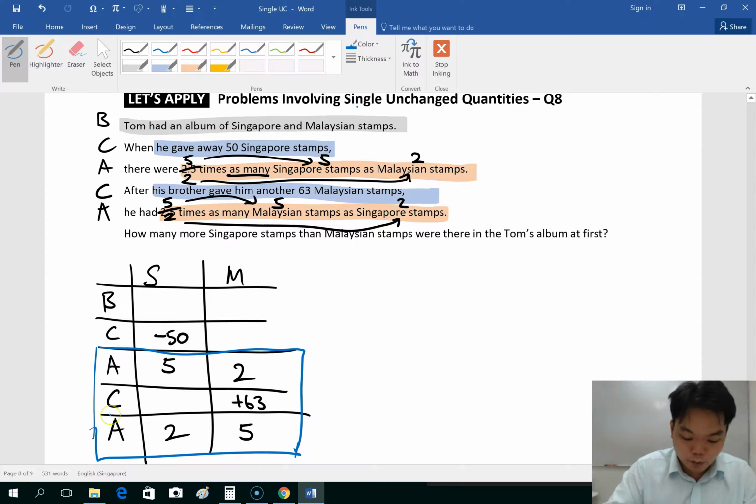Change, after rows, and we can see that if we isolate it out in this manner, there is no change in the Singapore stamps. Therefore, we can make them the same. So multiply this row by 2, multiply this row by 5.